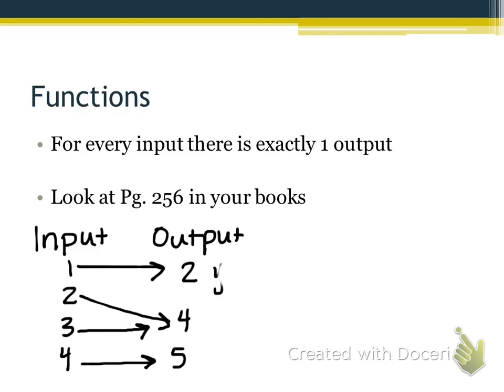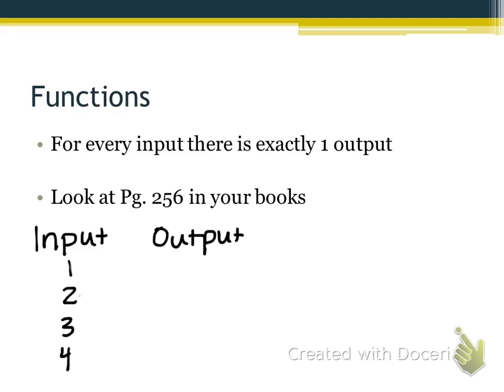Now, let's look at the next one in your book, and it has 1, 2, 3, and 4. I'm going to erase the arrows. And then the numbers in the output are 5, 7, and 9. So it tells me for the input of 1, I have an output of 5, and it has another arrow being drawn to 7.